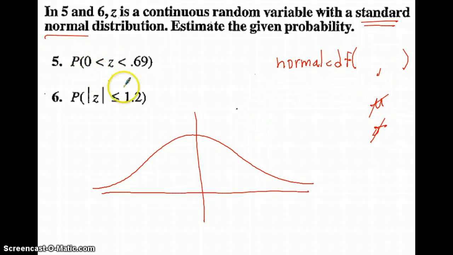So if here it's supposed to be between, remember the inflection points are at 1 and -1, so it kind of looks like this. We're supposed to find the probability from 0 to 0.69, that's right around here. We're supposed to find kind of this zone of probability for number 5.